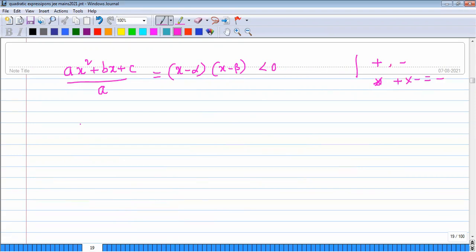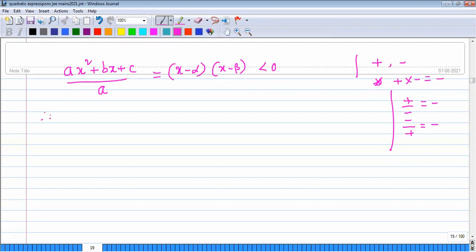So what do we conclude here? As it is less than 0, we get two cases: plus divided by minus gives minus, or minus divided by plus gives minus. That means ax square plus bx plus c and a will have different signs, opposite signs. So that we conclude here.